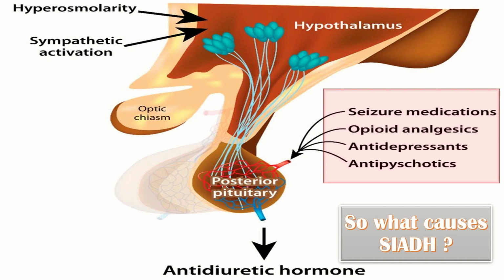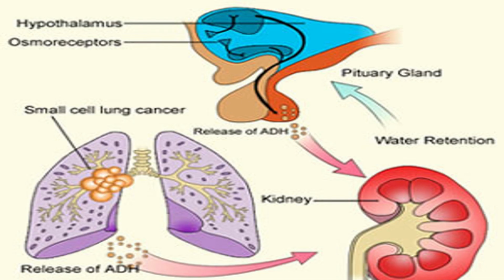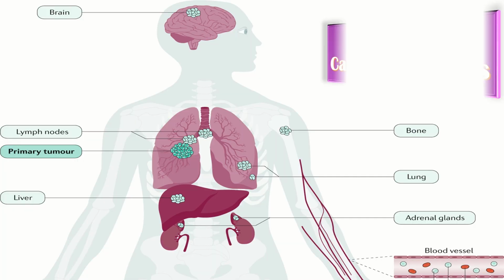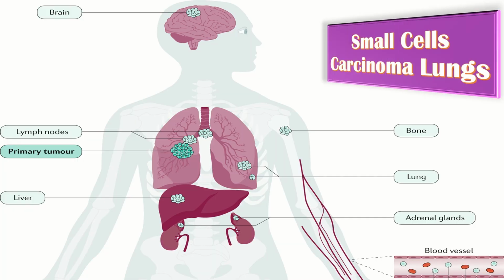Obviously, brain surgery specifically to the pituitary gland might also cause extra ADH to be released. ADH can also be produced ectopically by tumors, which means the tumors themselves produce ADH outside of the pituitary gland and release it into the bloodstream. Small cell carcinoma in the lung is the type of cancer most likely to release ADH in this way.